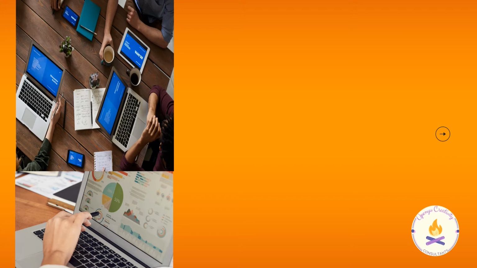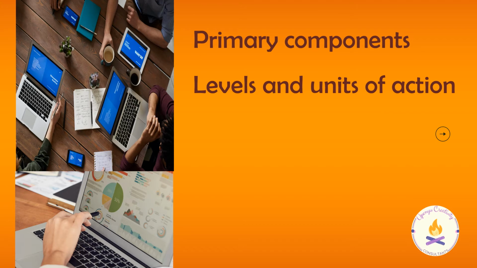So the evaluation framework includes primary components: the levels and units of action. At what level is an activity happening, and who, all the little units of activity. Then the causal sequence: if this happens, then that will occur, so the cause and effect sequence.